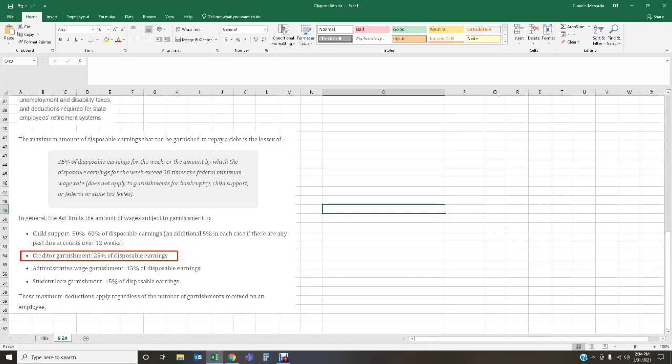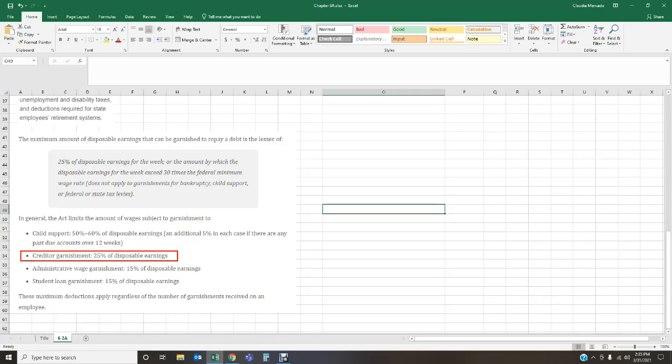So make sure we don't go out there and have lots of kids and become responsible for child support. 50 to 60%, that's where they cap it. Administrative wage garnishment is 15% and student loan garnishment is 15%. So these are the main items for which wages are garnished.